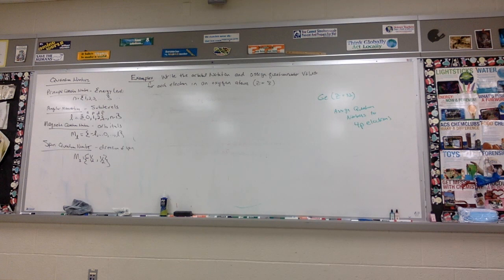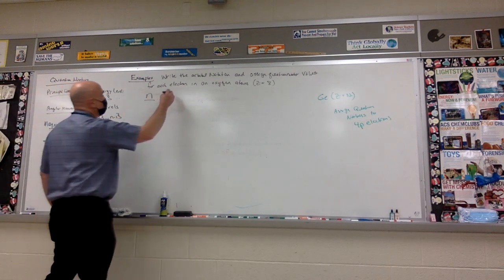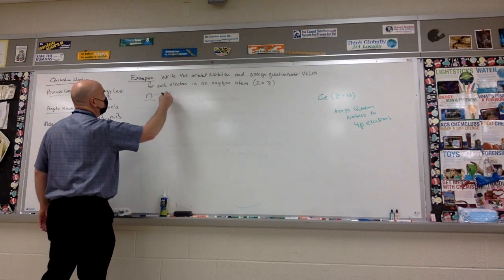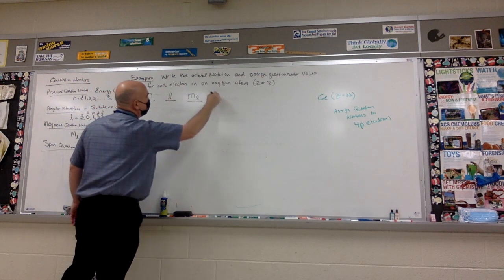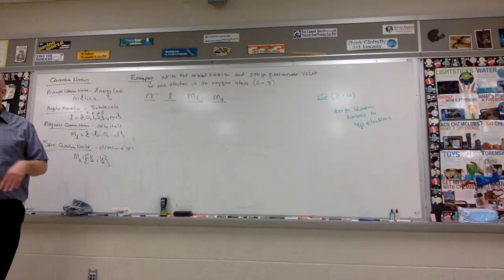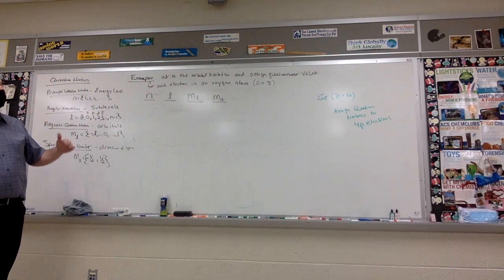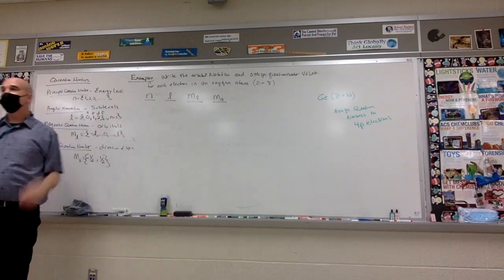And I also want to assign quantum number values for each electron. That's why I've kept these up. So I'm just going to put 4 column headings. I have 8 electrons. So that means each of those 8 electrons has its own set of quantum numbers.